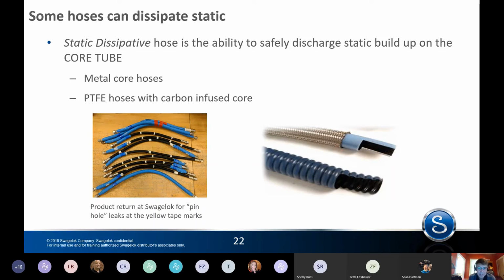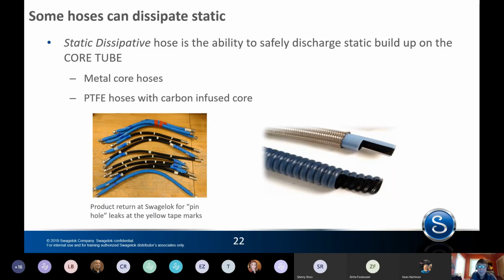The way we do this is by infusing the Teflon core with carbon. Carbon is conductive and will allow for a low amount of static discharge to happen inside of the core tube, so that this spark doesn't jump through to the metal braid.